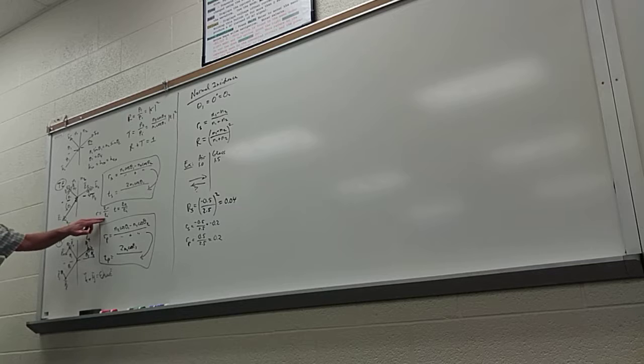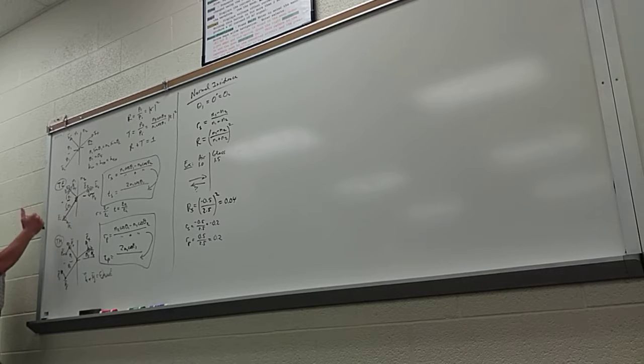So if we go back to this, if we have a minus sign here, what does it mean? Did you just switch the polarity? In essence, yes. Let's go back to our drawing here. This is for TE. EI is out of the board, ER is out of the board.